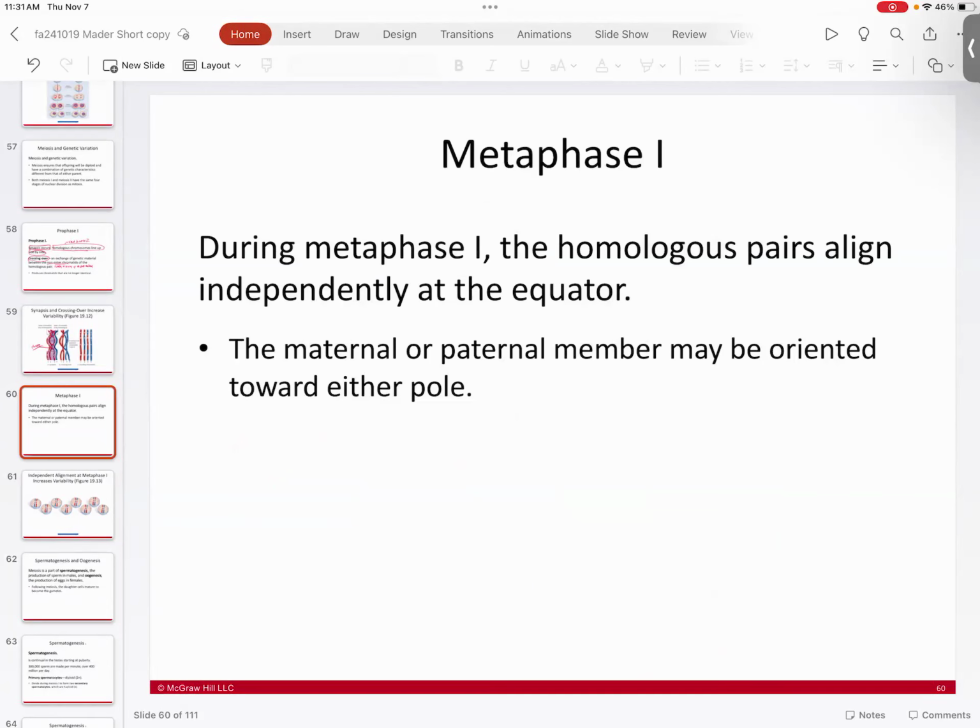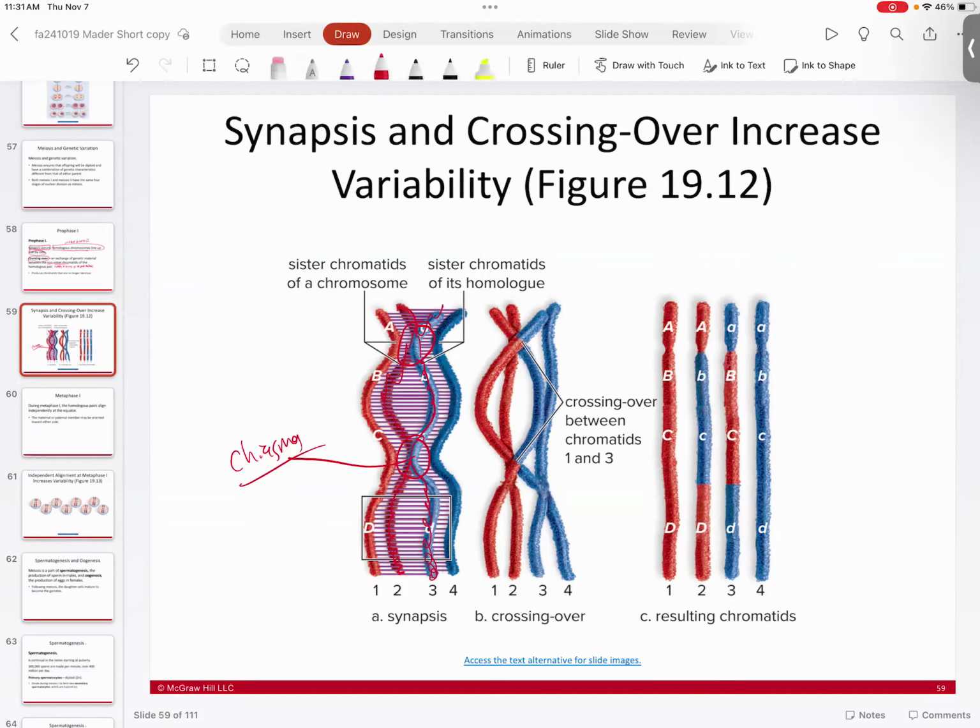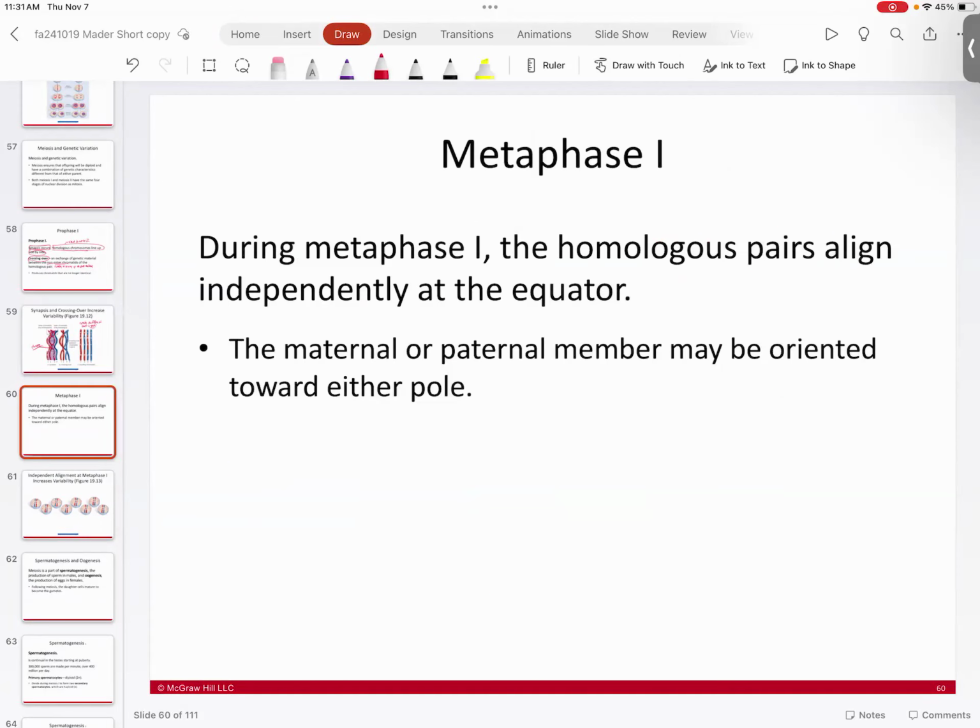And this creates a lot of shuffling of DNA and genes. That creates a lot of genetic variation. So in metaphase I, the homologs, which are paired, align at the equator.